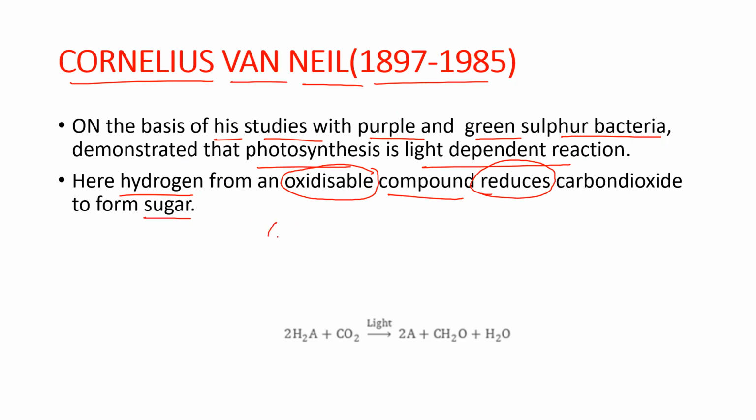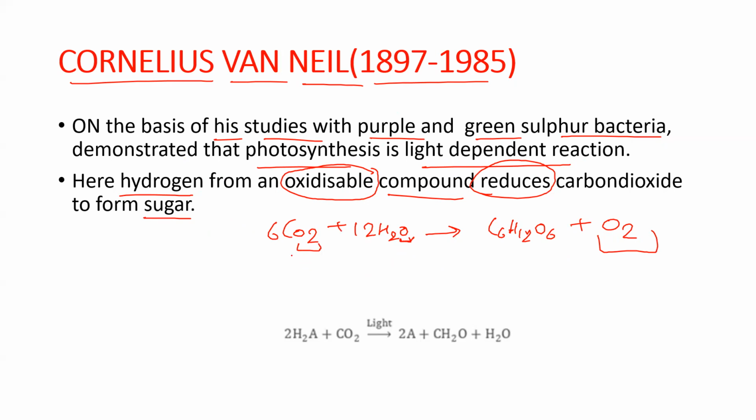So what is the basic formula of photosynthesis? CO2 plus 12H2O gives C6H12O6 plus oxygen. So this oxygen which is free is released in the atmosphere. Which oxygen is this? The oxygen which is combined with hydrogen and the oxygen which is combined with carbon.